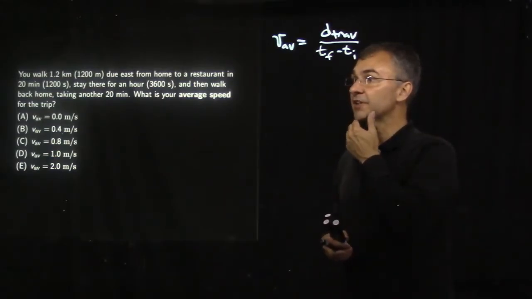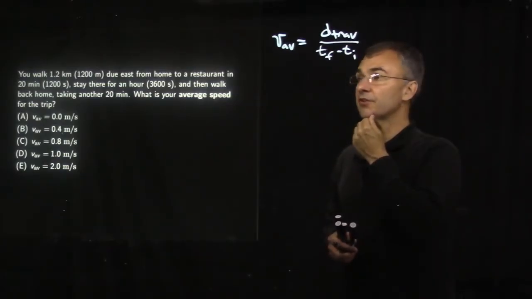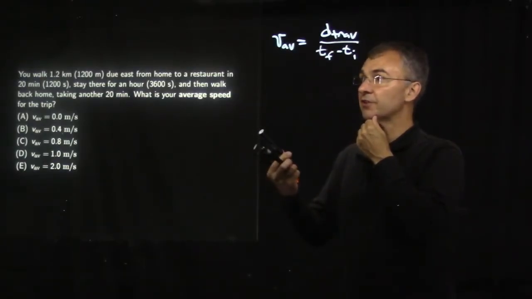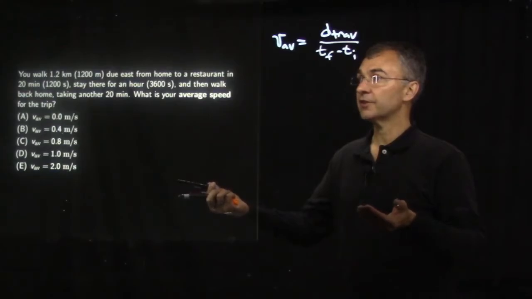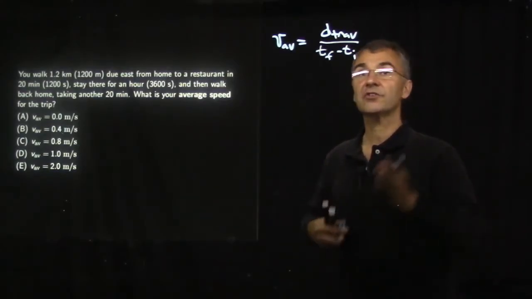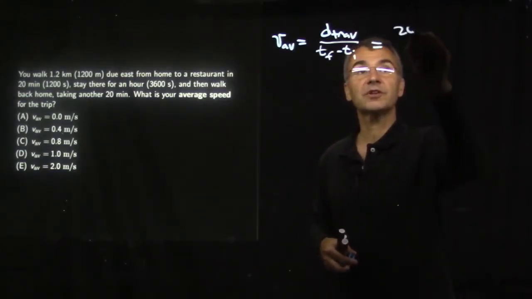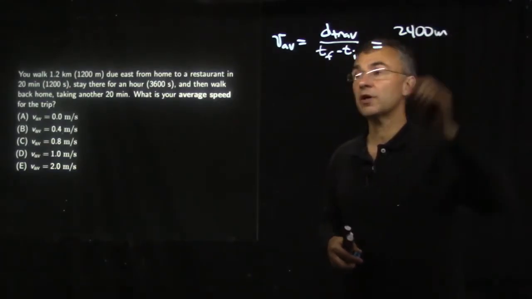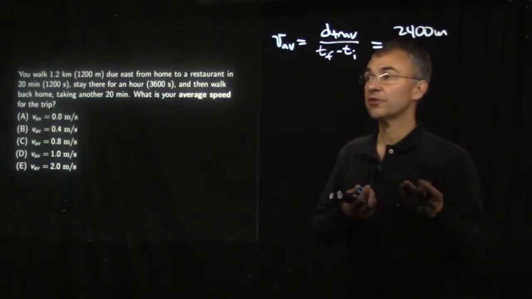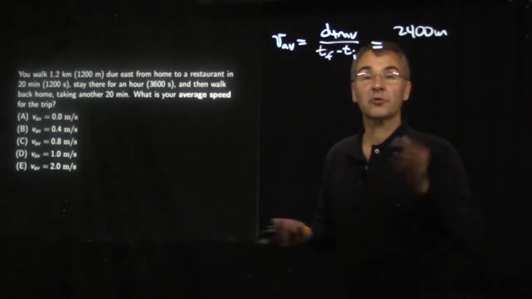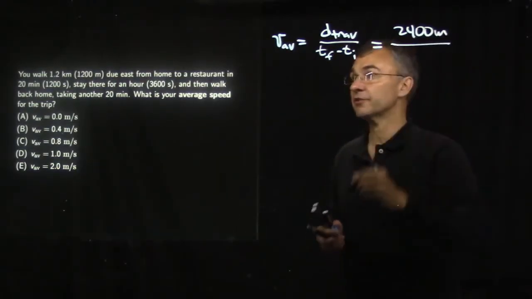Now, actually, you know that the distance that we traveled east was 1,200 meters, and then we just go back home. That's another 1,200 meters. So I guess the distance traveled was just 2,400 meters, because we walked from home to the restaurant, which was 1,200 meters, and then we walked back. So 2,400 meters was our distance traveled.